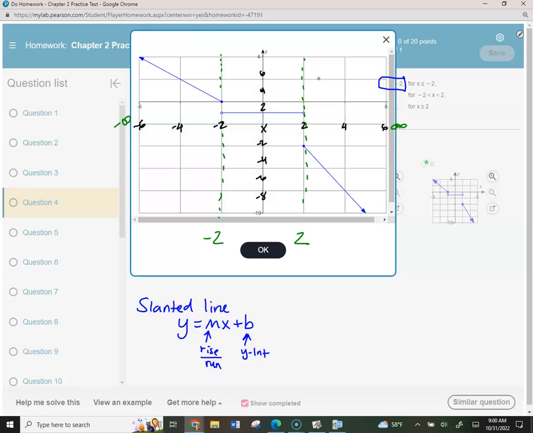Okay, my center's a little off, but we're checking this one. Okay, so look at it. Look at the very first one. It's going down 1 box, right 1 box. So go down 1 box, right 1 box. It's crossing at 0 as well. No, that's not 0. Mine moved, didn't it?